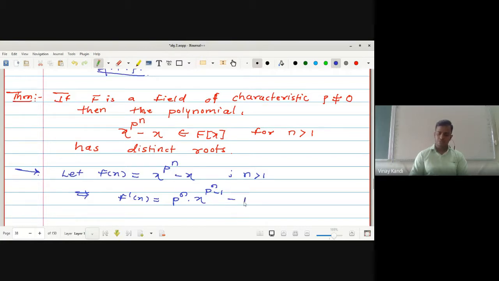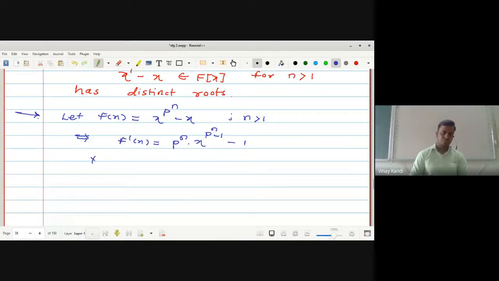Minus 1. Now p belongs to capital F. Here, this p belongs to what? Capital F. We mean that we can write p equals 1 plus 1 plus 1 up to how many times? p times.